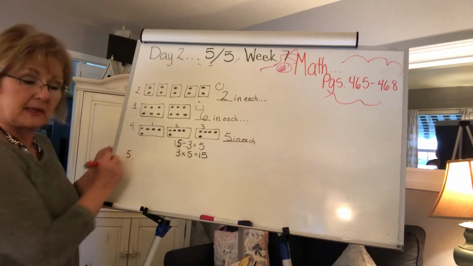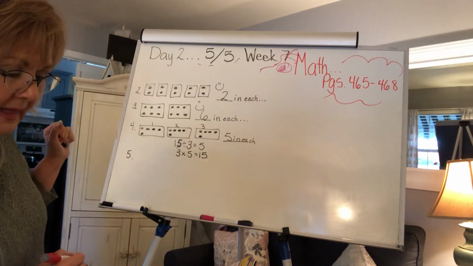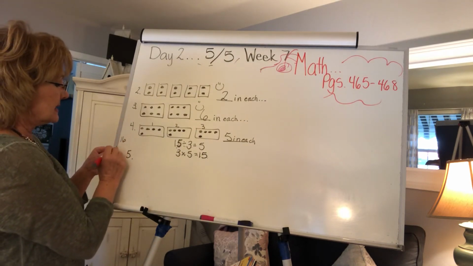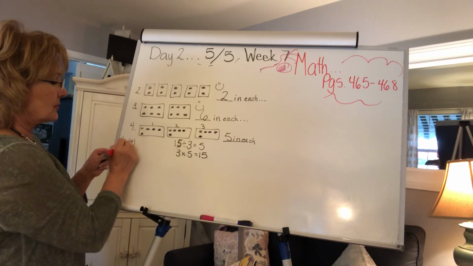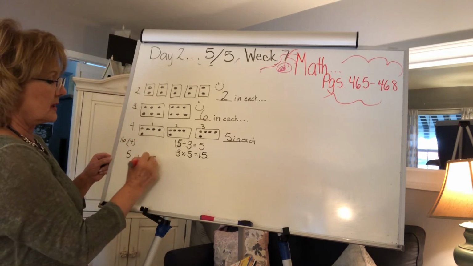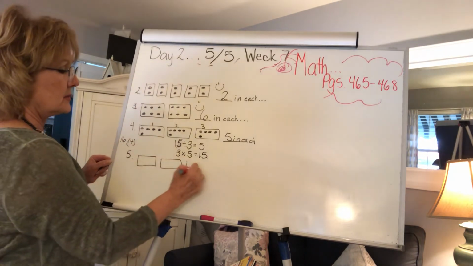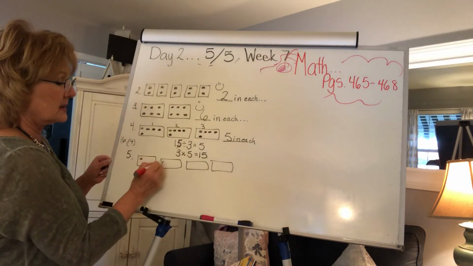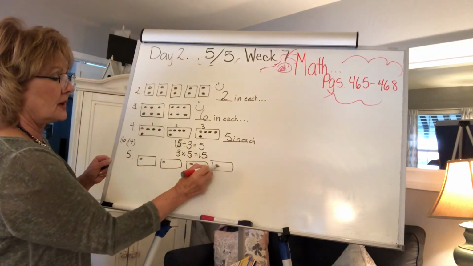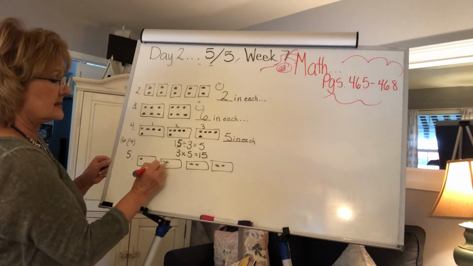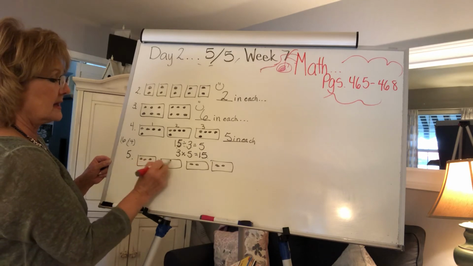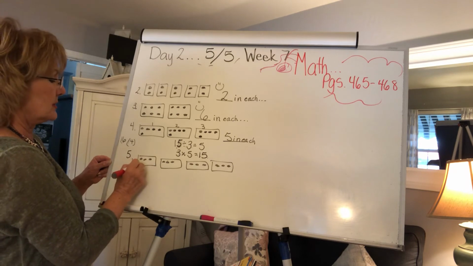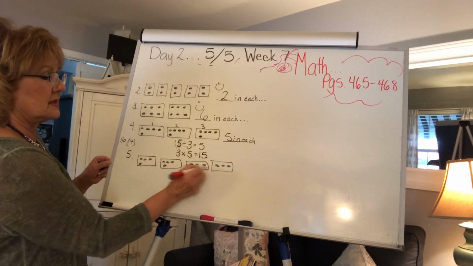Alrighty, I need a nap. Number 5, you got 16. I'm gonna make a note to myself. 16, and you're gonna do 4 groups. So 1, 2, 3, 4. You already did this, I know. 16. Did you go 1, 2, 3, 4, 5, 6, 7, 8, 9, 10, 11, 12, 13, 14, 15, 16?